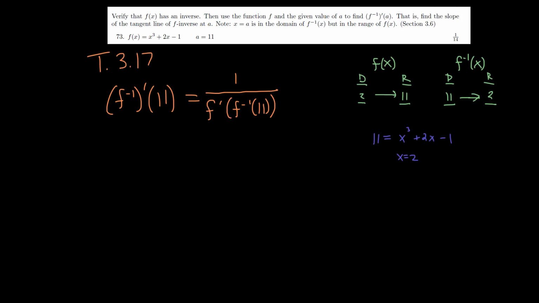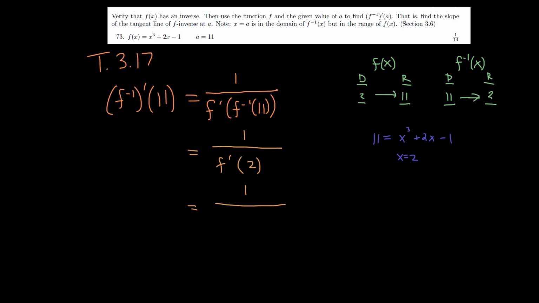What we can do is say, okay, this equals 1 divided by f prime of f inverse of 11, and we know that f inverse of 11 is 2. So now all we have to do is figure out what f prime of 2 is.